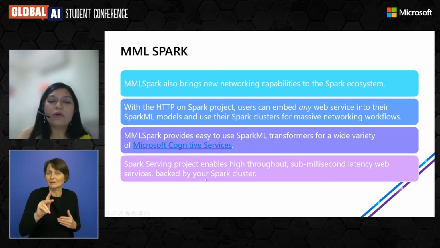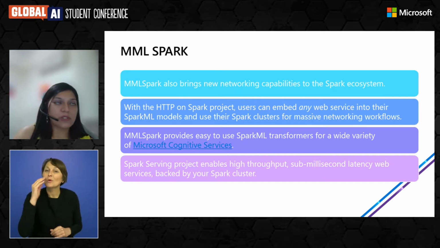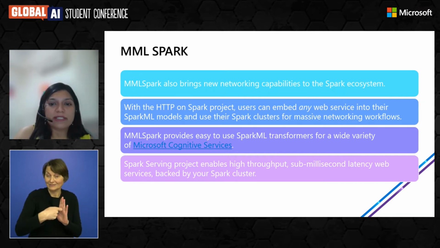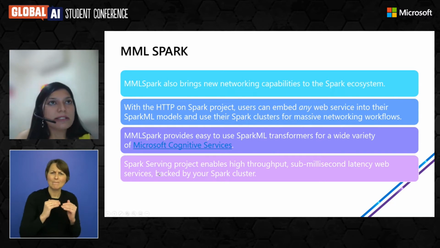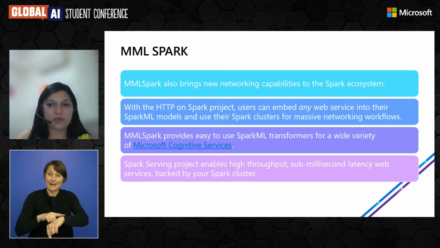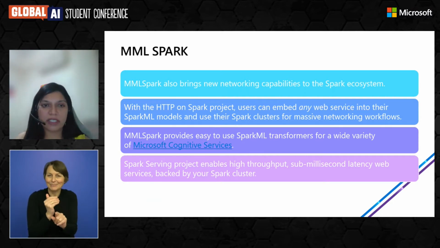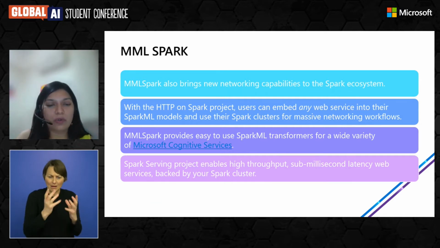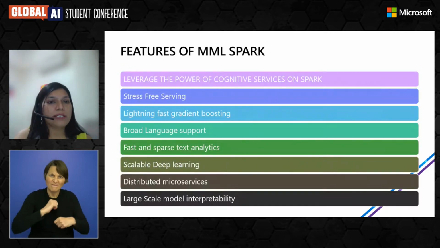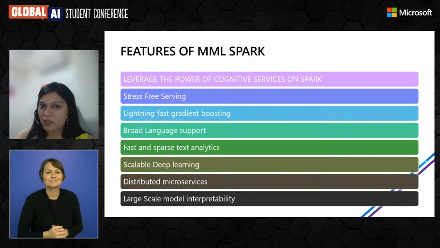And because Spark projects are associated with faster processing, with sub-second, millisecond latency, very fast, just imagine you have your huge data loads being processed in a matter of seconds. So these are the brief features with which we can leverage the power of cognitive services on Spark.